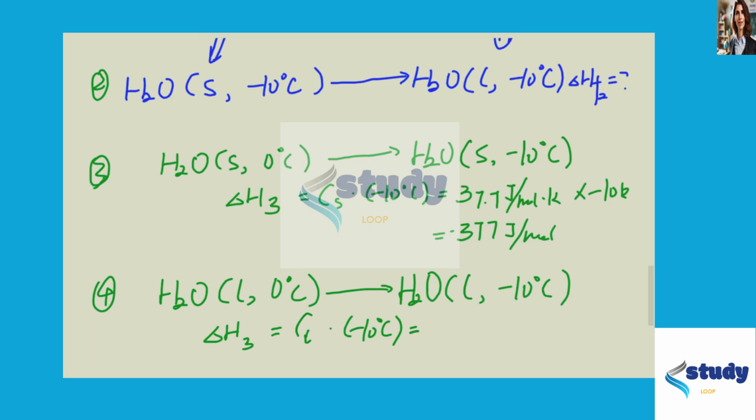The heat capacity here is 75.2 joule per mole per K times -10 K, and this equals 752 joule per mole, with a minus sign.